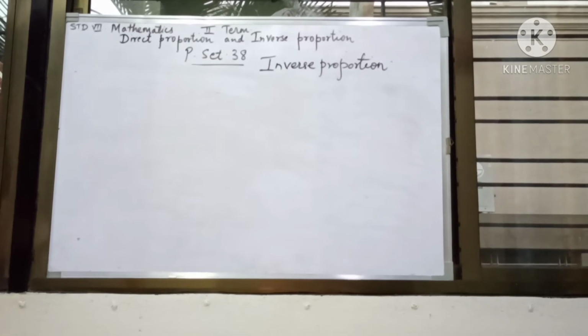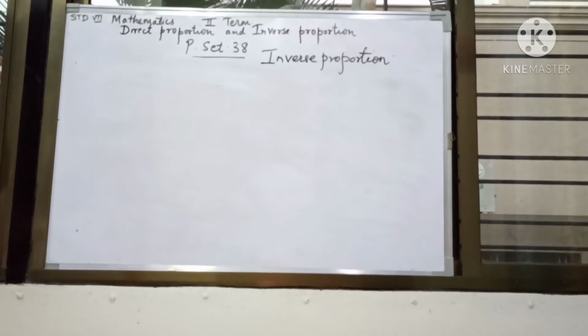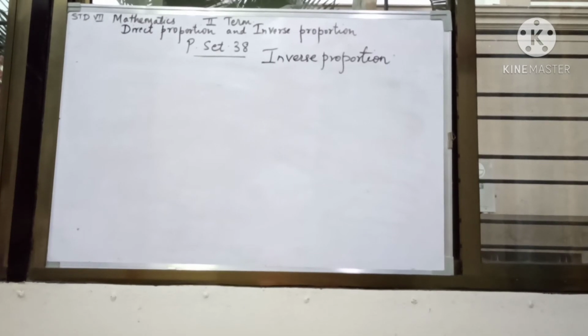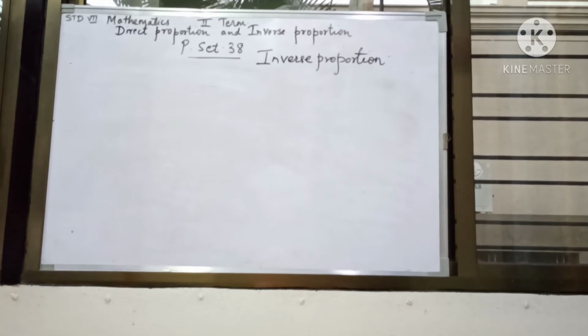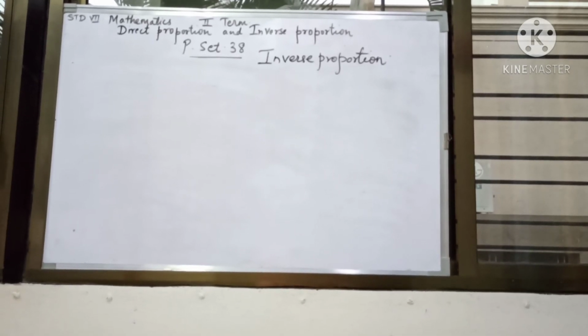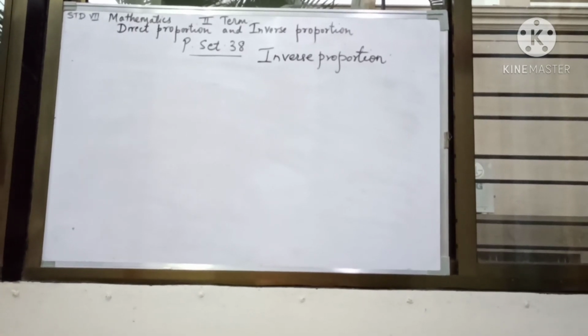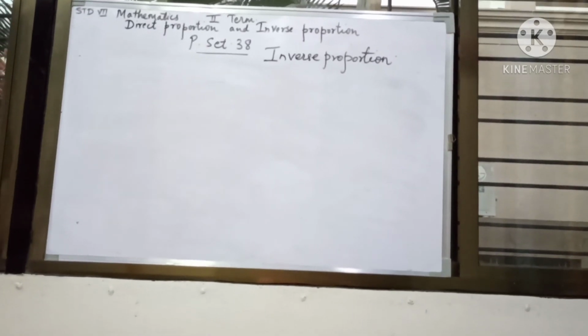Now we will go to the fourth example. The stock of grain in a government warehouse lasts 30 days for 4,000 people. How many days will it last for 6,000 people? Here the grain stock is lasting for 30 days for 4,000 people.